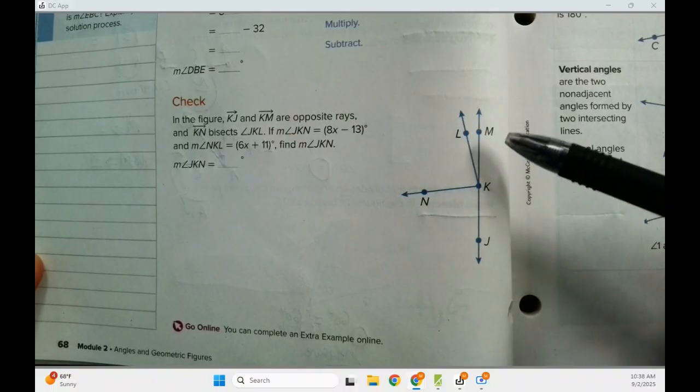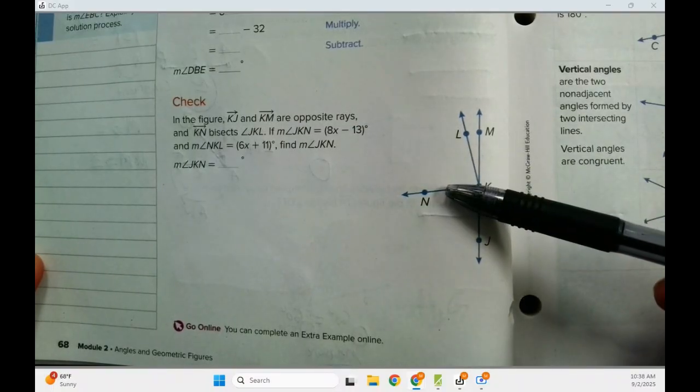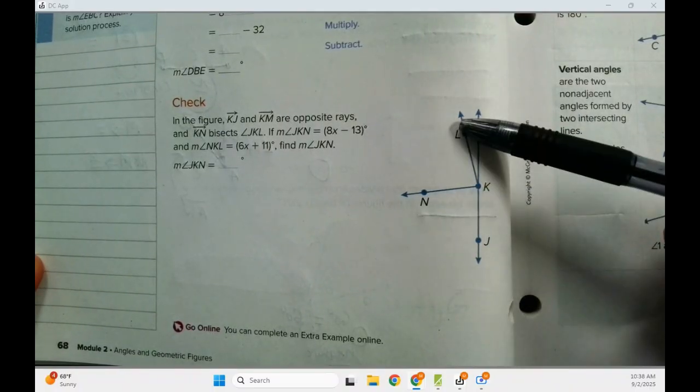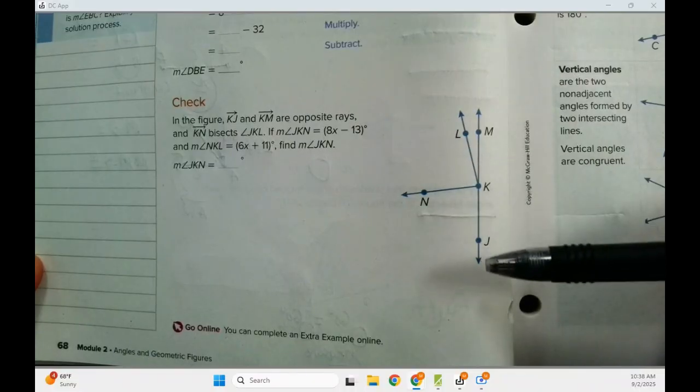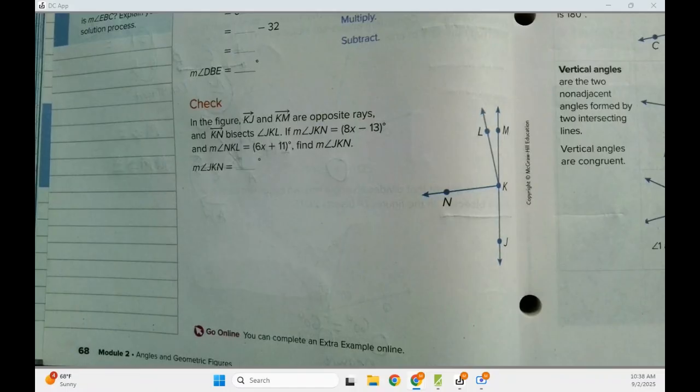If the measure of angle JKN is 8x minus 13 degrees, and the measure of angle NKL is 6x plus 11, find the measure of JKN. There's a lot going on right here. See what you can do for just about 30 seconds. We'll break this down.